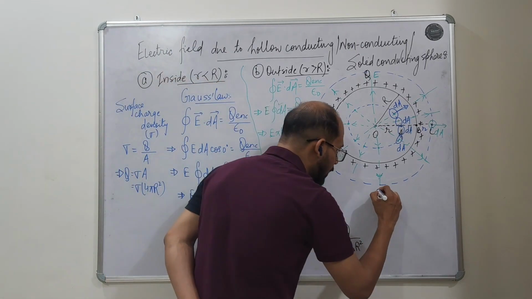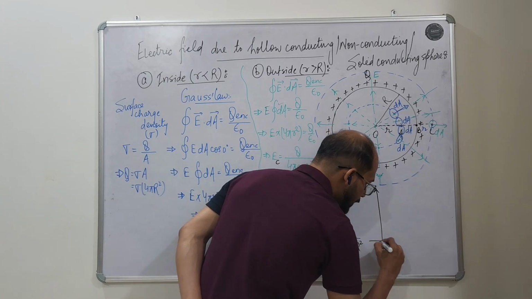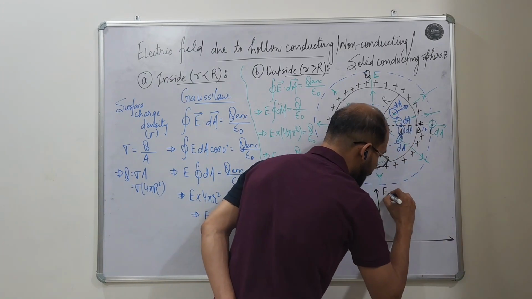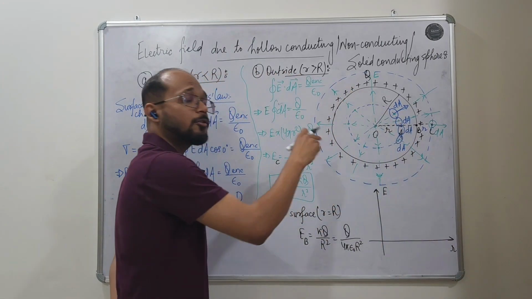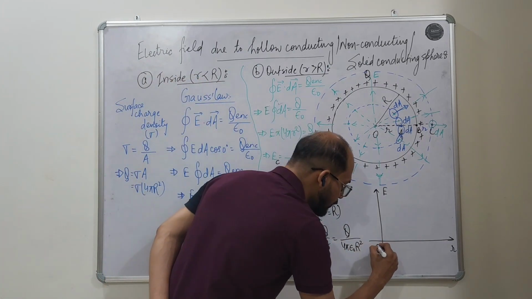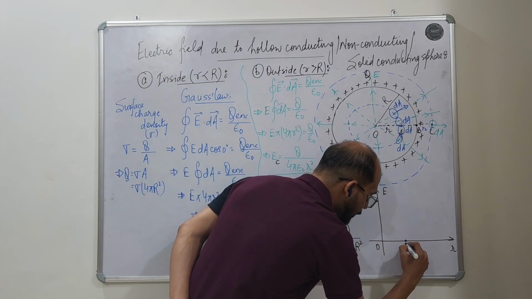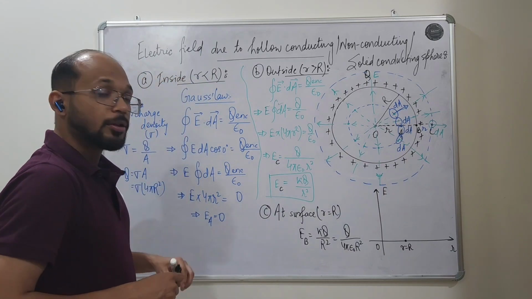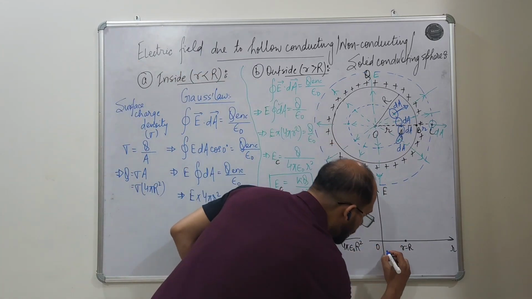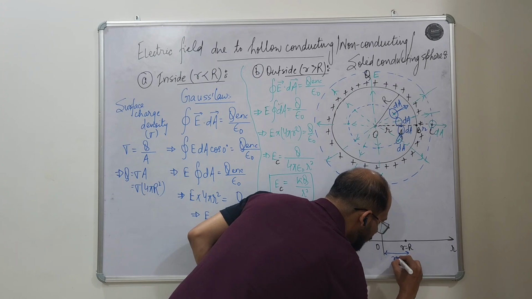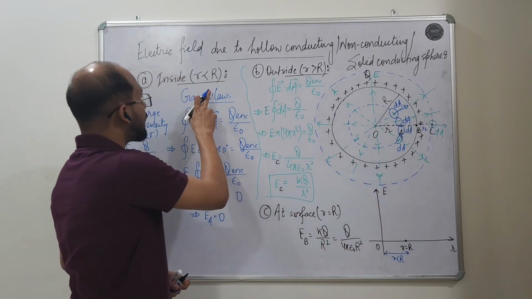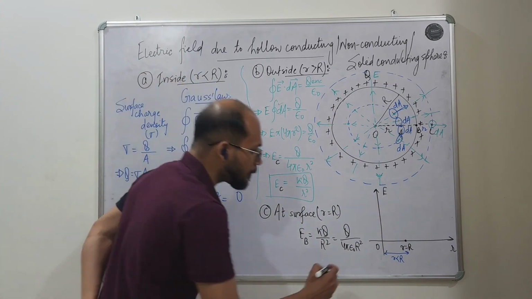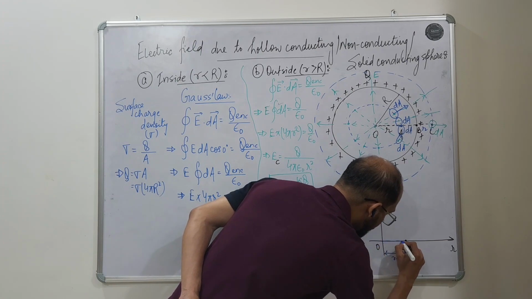Now if we draw the graph for the electric field versus distance for this sphere, this is 0. This will be somewhere r equal to capital R. Now when r is less than capital R, the electric field is 0. That means the graph will be like this.